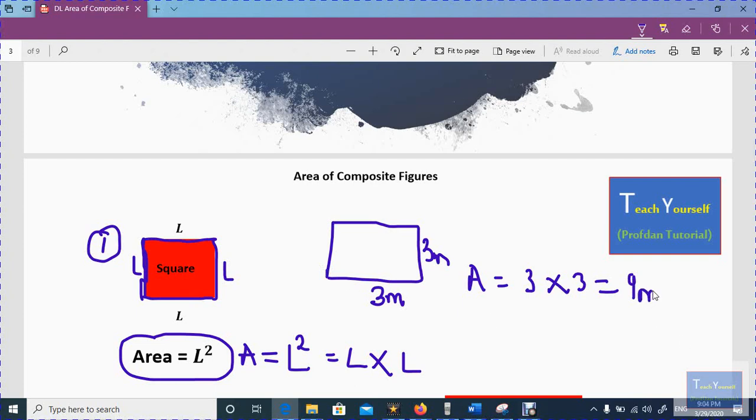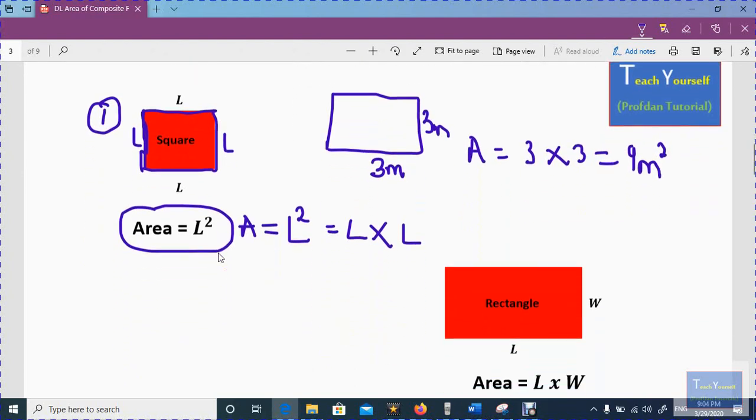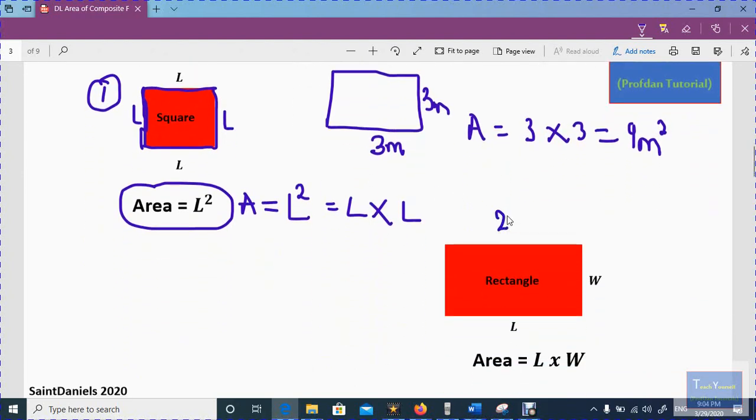Also let's recall for a rectangle. A rectangle only has two pairs of sides that are equal. This side is equal to this side, and this side is also equal to this side.